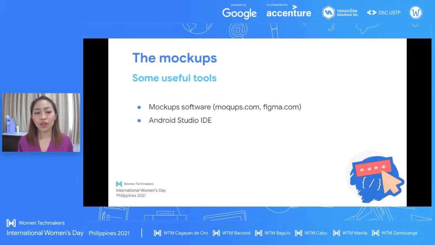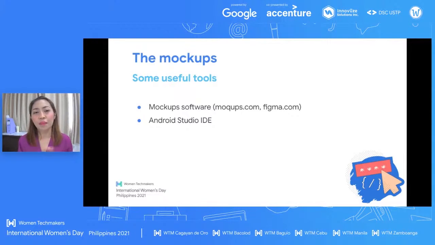And also, if you're a programmer, you can go directly to Android Studio IDE. I also do this. After my wireframe sketch, I go to the IDE and do the mock-ups there. It's really friendly, for example, if you are not yet coding in mobile apps. The Android Studio IDE is free to download and very user friendly.